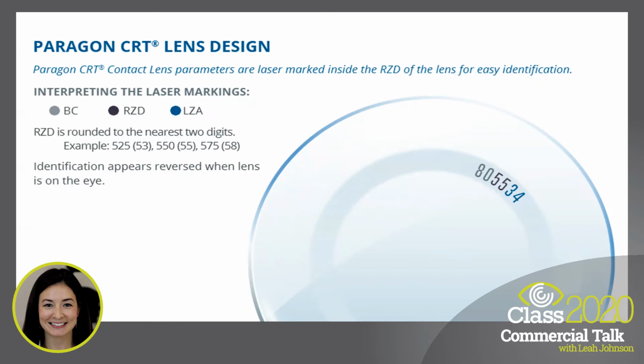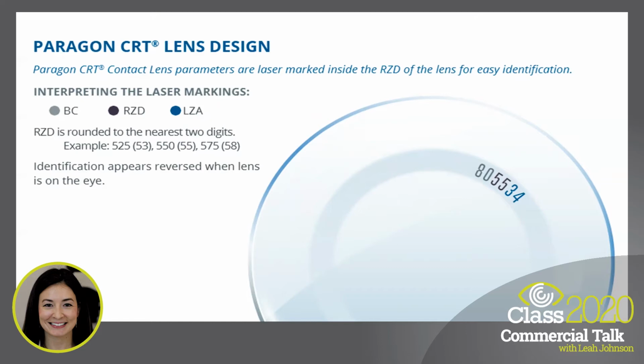So if you have a CRT sphere lens, there will be just one section of laser marks. The first 2 digits indicate the base curve. The second 2 digits indicate the return zone depth. However, the return zone depth is actually indicated in 3 digits of microns for sagittal depth, so we round these digits to the nearest 2.